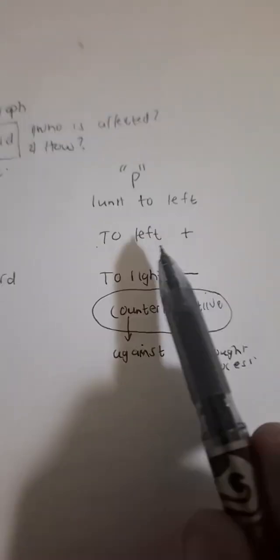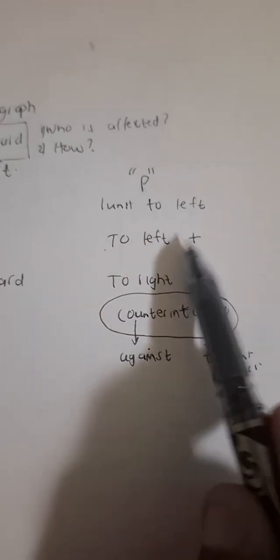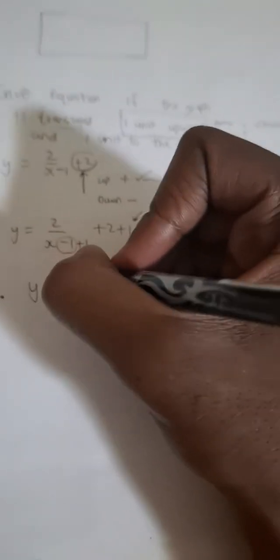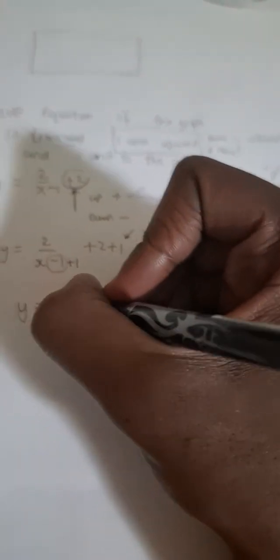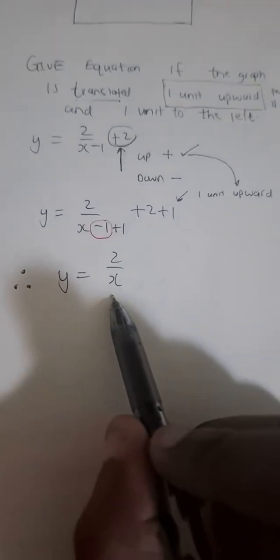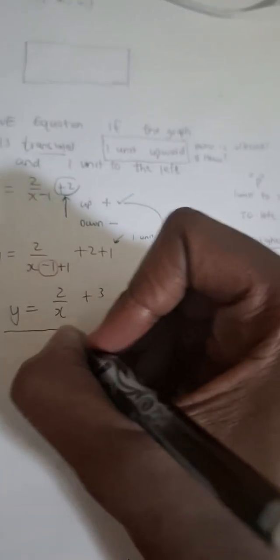We are going to add, because we are saying to the left. When we say to the left, we are adding. When we say to the right, we are subtracting. So to the left, we add the units we were told. So the final answer is y is equal to 2 over x minus 1 plus 1, plus 3. That gives you 0, so we are left with x alone in the denominator, plus 3.